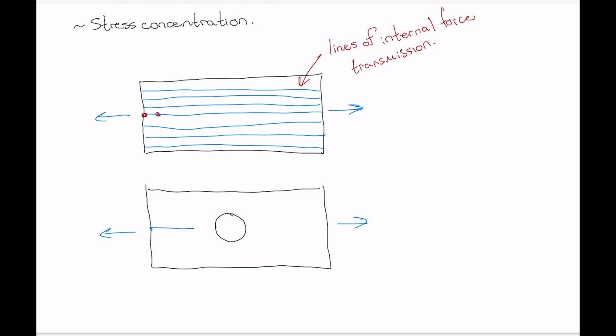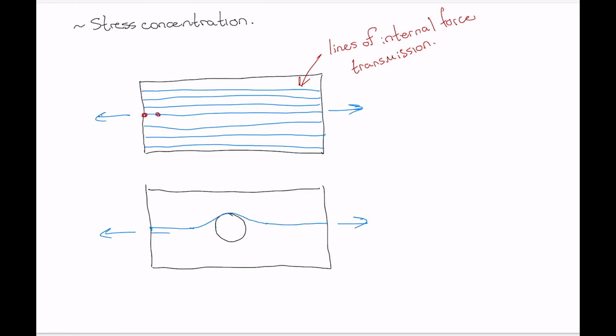So at some point, the fact that the material right here can't transmit any force to its neighbor and is therefore relatively unloaded is going to propagate outwards and cause this line of internal force transmission to need to curve up and around the hole before coming back down like this.